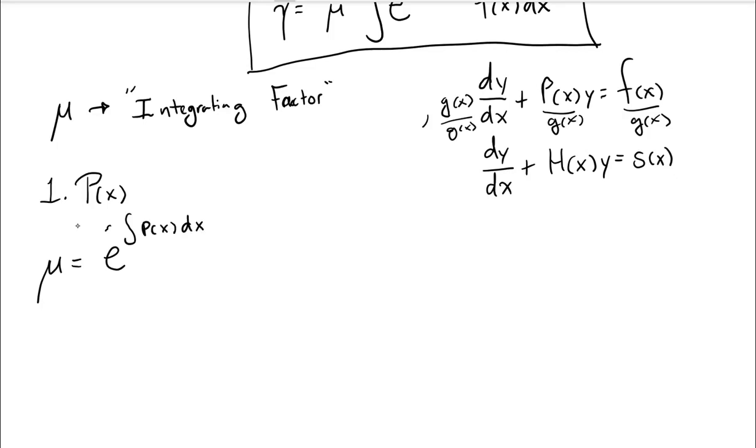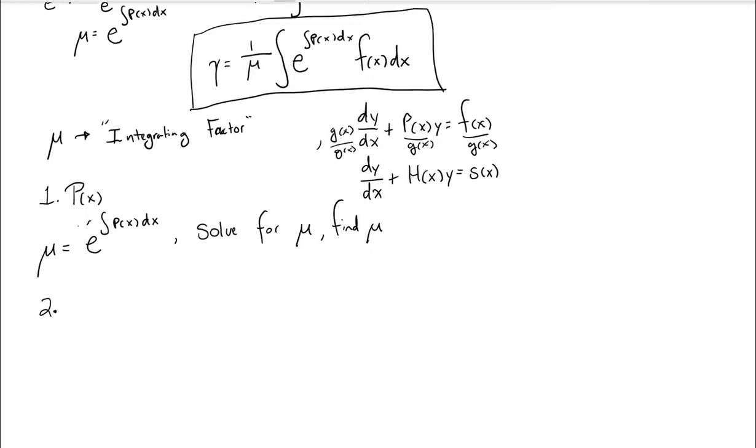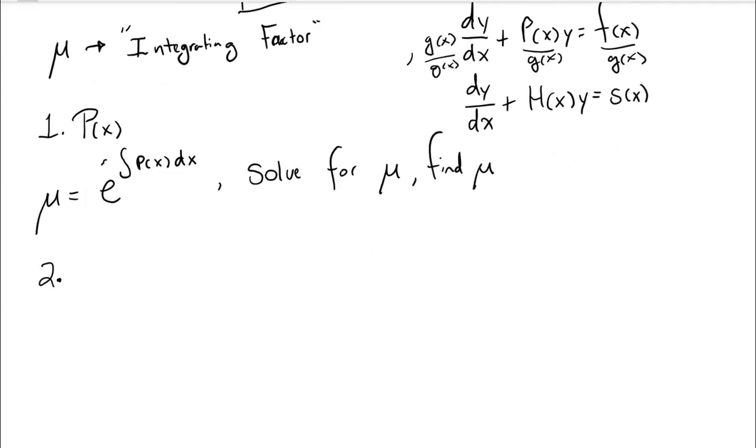So we will integrate p of x, and then we will set that as the exponent for e, and that will be mu. Then once we've done that, we will call this step find mu.